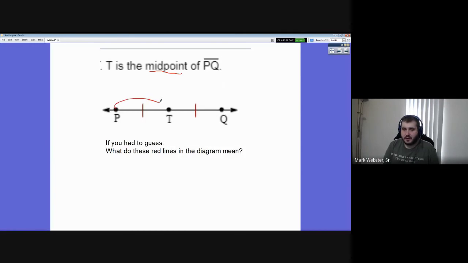This segment and this segment are the same. Right? If T is directly in the middle, that means that it's halfway between P and Q, ain't it?